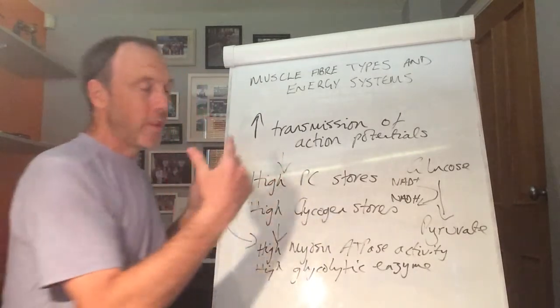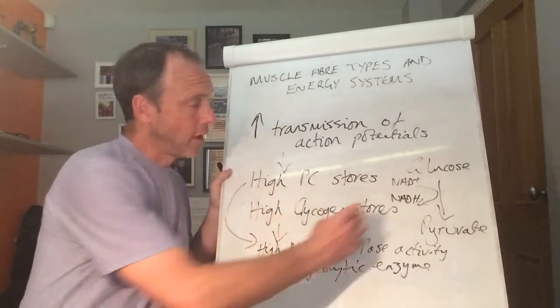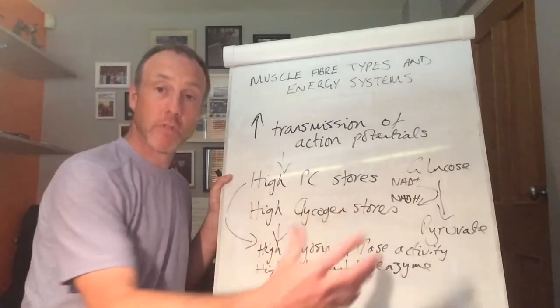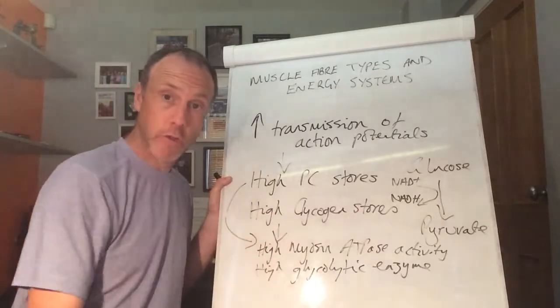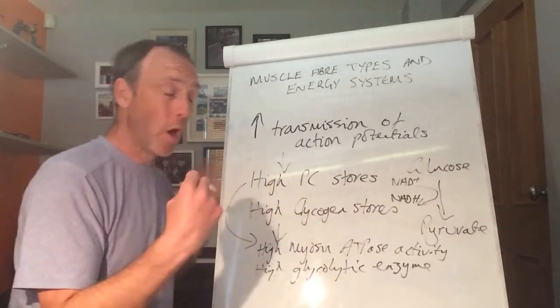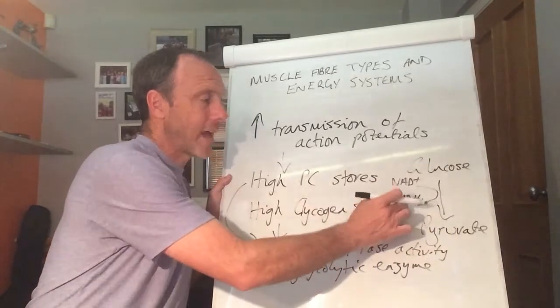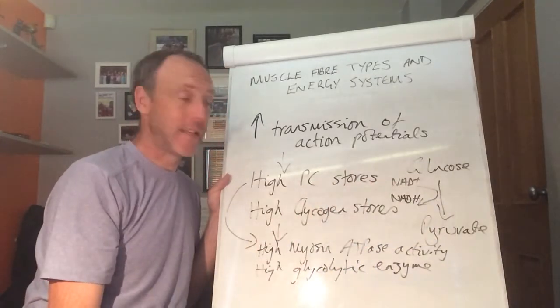Now, with the absence of oxygen, NADH is far too big to enter into the Krebs cycle, far too big to enter into the mitochondria. If this was to stay the case, unfortunately we'd run out of carriers, we'd run out of NAD.